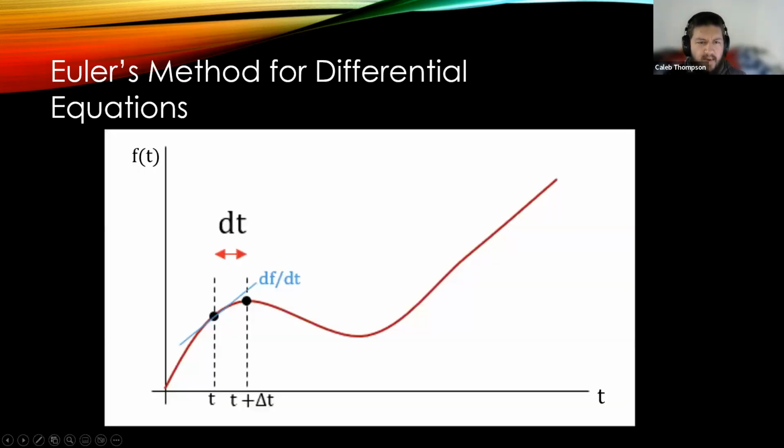To describe a little more what's going on here, you know your function at this point, and the approximation says, assume that in this distance, this delta t, it's linear. This is the same thing done in differential calculus, except there dt is not finite, it's infinitesimal, it approaches 0.